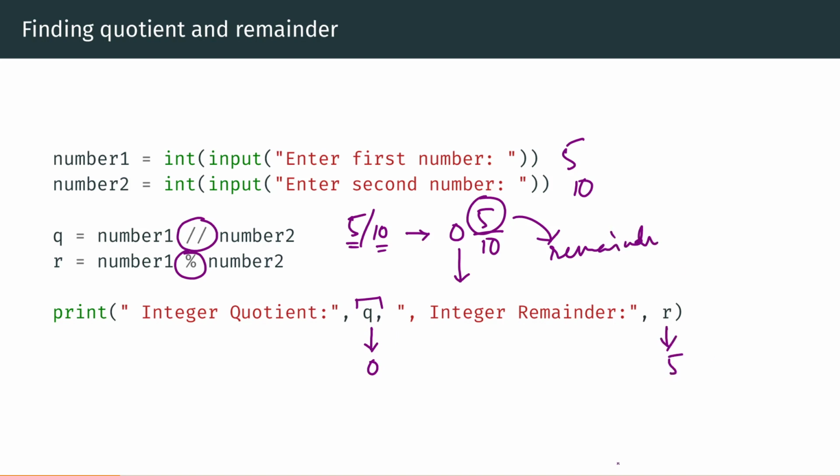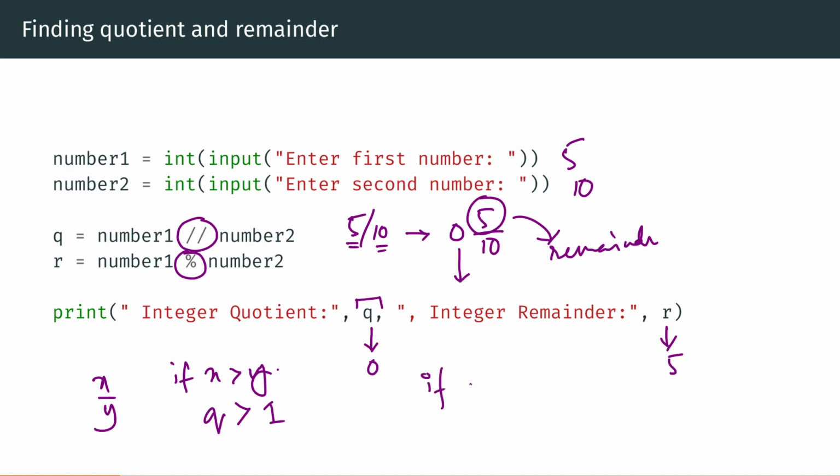That's 5. Let's take any number, x over y. If the numerator is larger, if x is greater than y, then the quotient must be greater than or equal to 1.